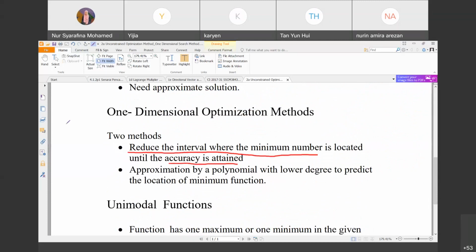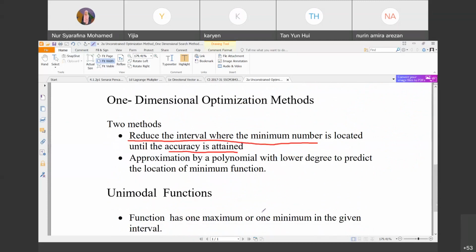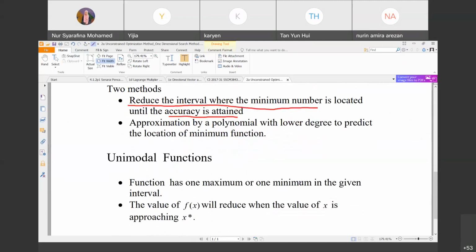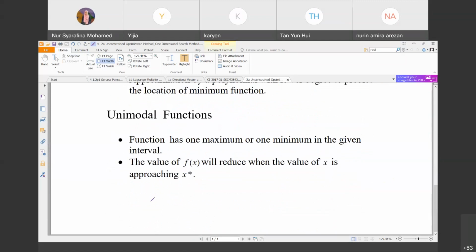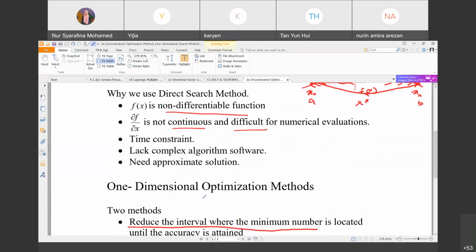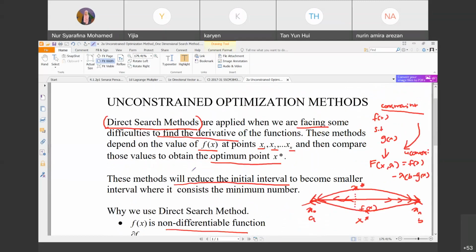Second, approximation by a polynomial with lower degree to predict the location of a minimum function. A unimodal function has one maximum or one minimum, and the value of f(x) will reduce as x is approaching it. So the first direct search method that we're going to discuss is Fibonacci.